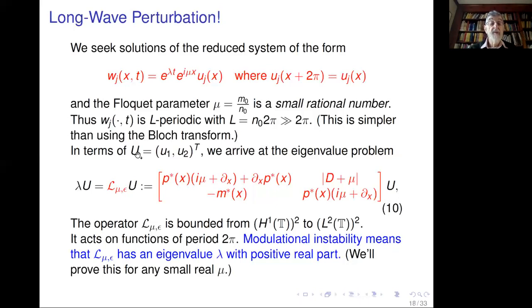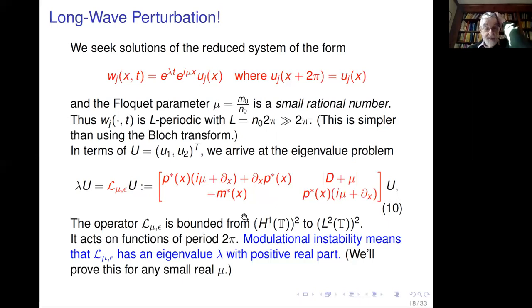Now in the new variables, which I'm calling u1, u2, I call capital U the 2-vector. It's lambda U equals this matrix on U. The only difference between this system and the one on the previous slide is that I have mu's appearing here and here and here. Everywhere you have a derivative, there's going to be mu's coming in.